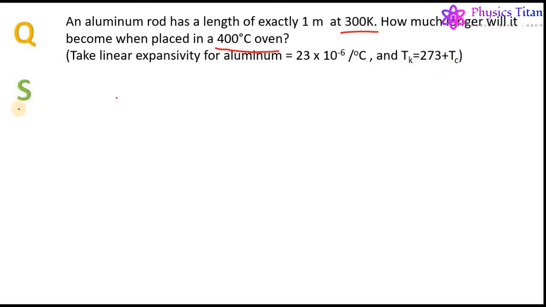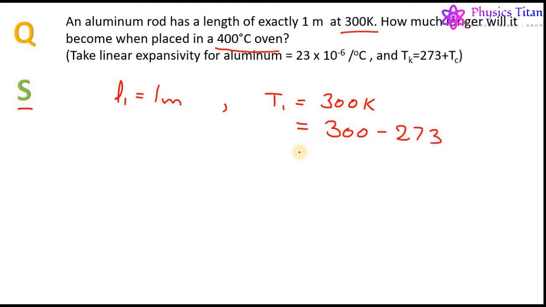So let us solve this question. Let us denote the initial length of the rod as L1 equals 1 meter and the initial temperature T1 equals 300 Kelvin, which is equal to 300 minus 273 equals 27 degrees Celsius.